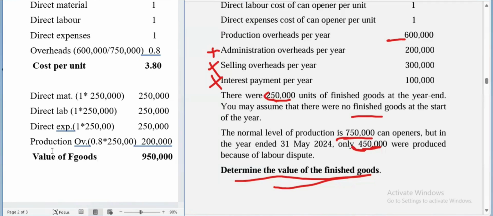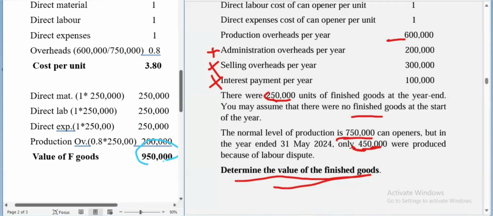Or value of closing inventory, because out of the 450 units that we have produced, 250 was in inventory, 250 was not sold. So this figure here is the value of finished goods.